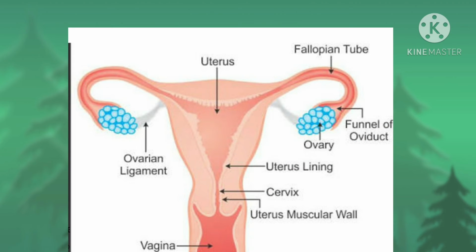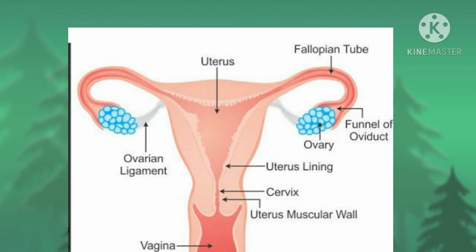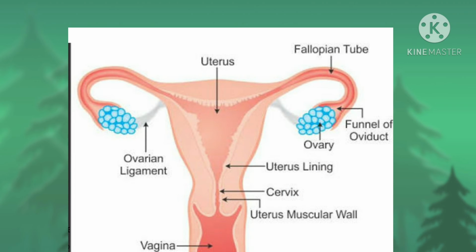This is the uterus, that is also known as womb. The upper part of the uterus, that is dome shape, is called fundus, and the inner part mainly consists of three layers. One is perimetrium, that is the outermost layer of the uterus, which is made up of epithelial tissue.